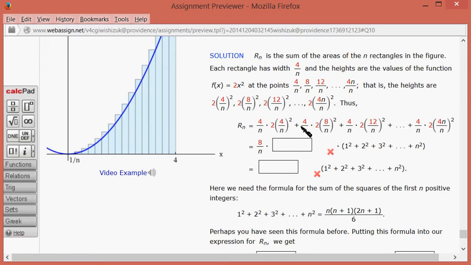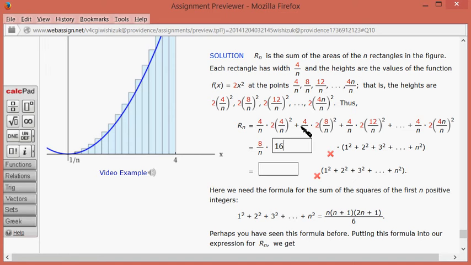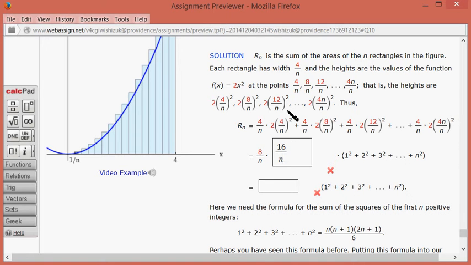So pull 16 out. 4 squared, if you pull 16 out, you're going to have 1 squared, 1, same thing. And pull 4 out from here, actually 4 squared, so 16. So you have 2 squared, so that's where 16 has come from. And you have an n squared, so you have to divide by n squared.